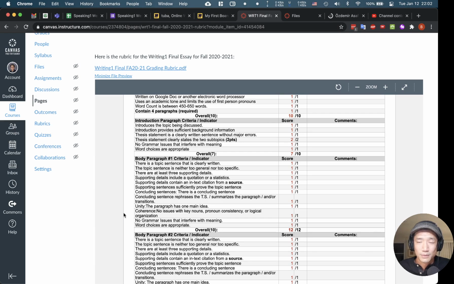And I think it helps when you have a thesis statement to guide you in writing your topic sentence. Supporting ideas: you need to have a quote or a statistic of some sort. You have to have something that also has an in-text citation from your source, right? So a quotation that you use, whether it's a direct quote with quotation marks or something that you summarize or paraphrase, you still need to include the citation.